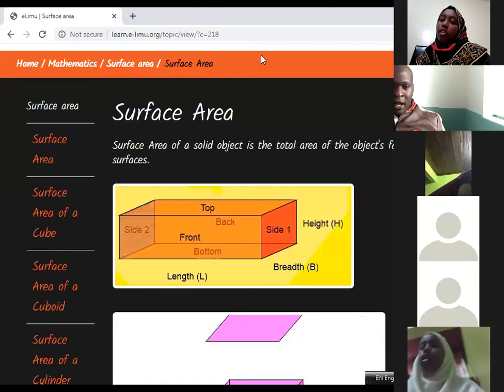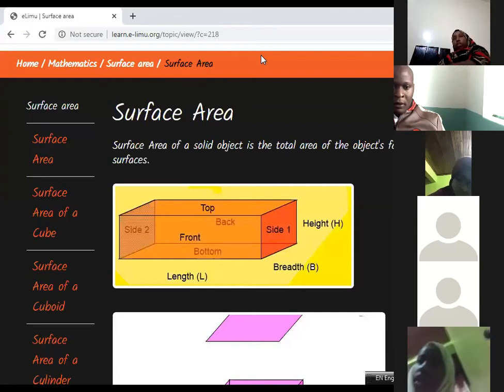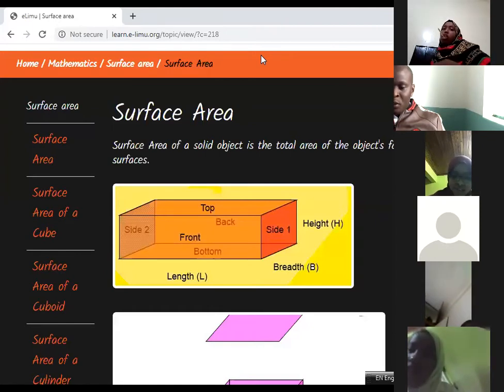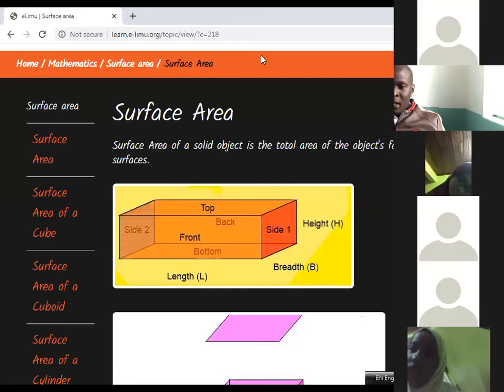Teacher, what is the height? Length 8 centimeters, width 5 centimeters, and height 10 centimeters.